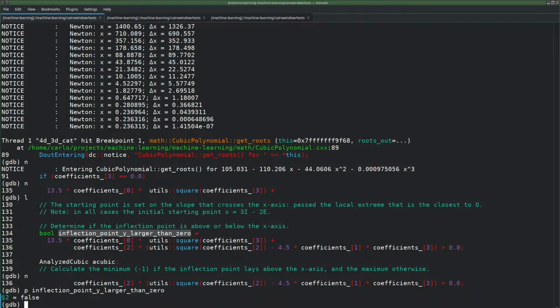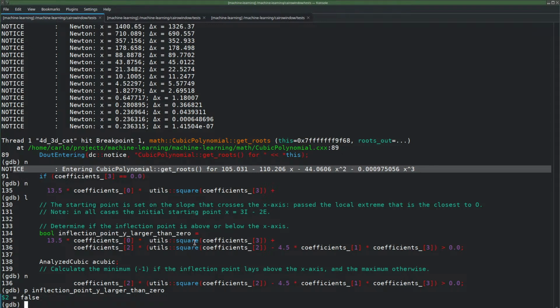If it's false, okay, so the inflection point is below 0. What I expected is that if this is the x-axis, the cubic goes through the x-axis here at minus 45,000, and then maybe reaches a minimum at minus 20,000.